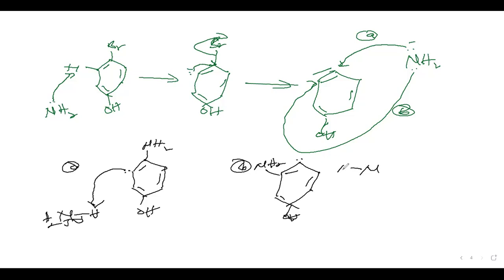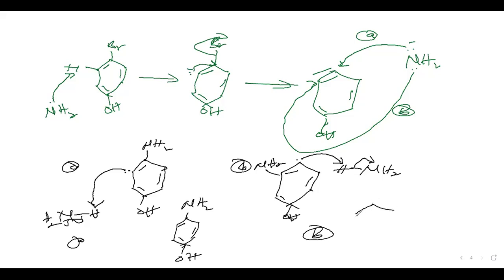So in the first instance, the first product we are forming is para-aminophenol, with NH2 and OH. Then in the next instance, we are forming meta-aminophenol, with OH and NH2. So that will be that for that question.